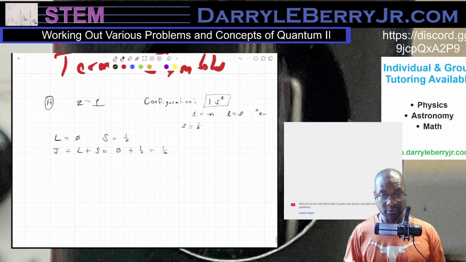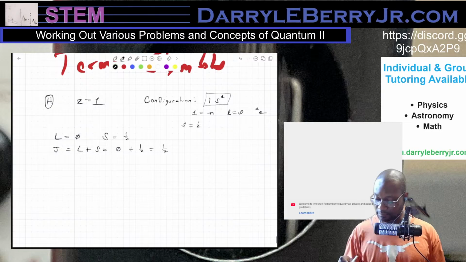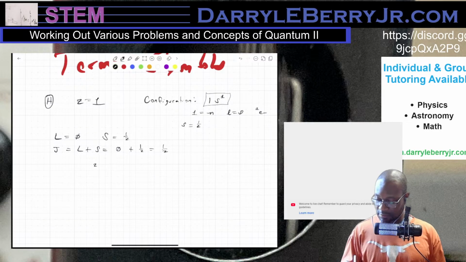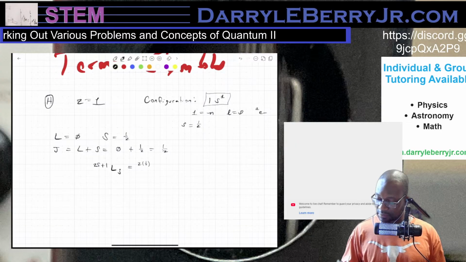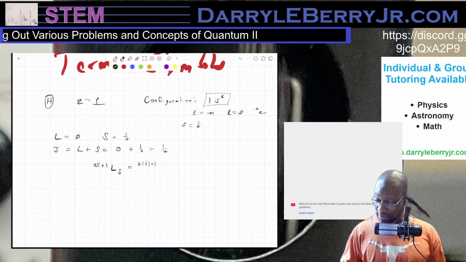The term symbol takes the form 2S plus 1, L, and J. So this equals 2 times 1/2 plus 1. The L is 0, so that's S, and J is 1/2.